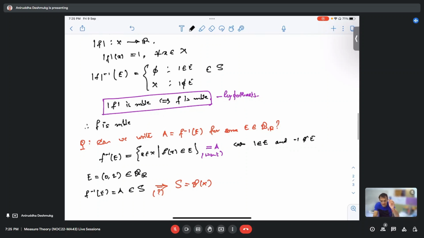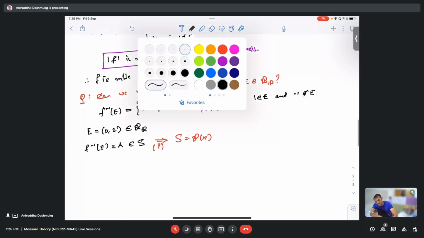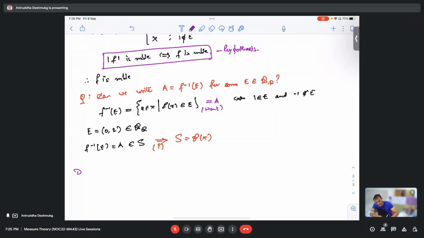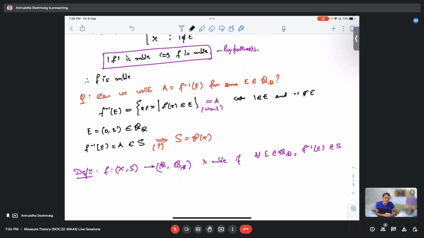Pre-image of intervals will be measurable, or pre-image of every Borel set must be measurable, right? For a function f from (X, S) to (R, B(R)), this is measurable if for any Borel set of R, the pre-image of that Borel set is inside of S. This is the definition, right? Or one of the equivalent statements for measurable functions.